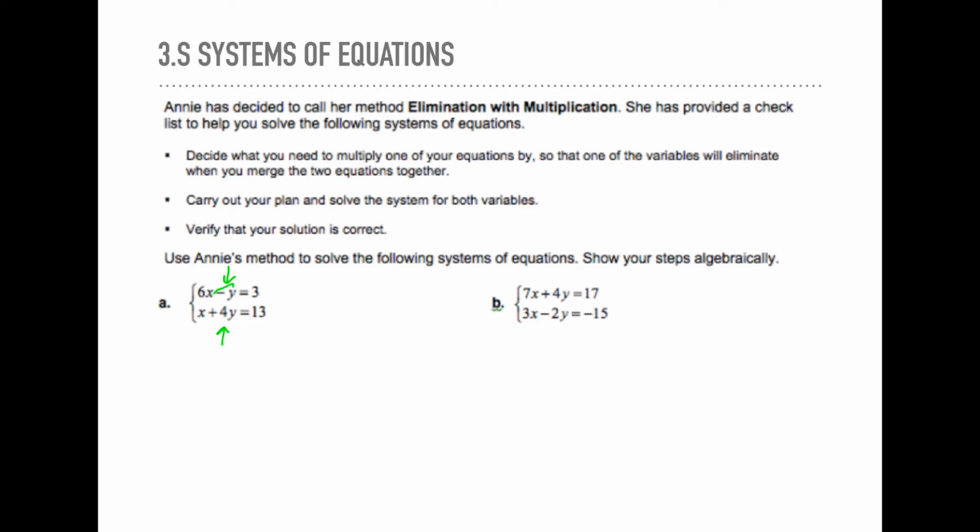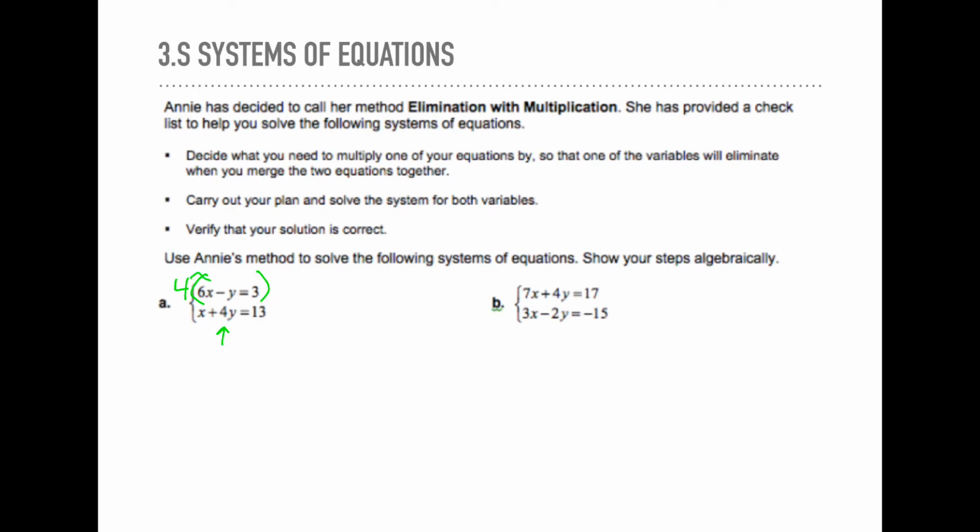Well, I need this part to say negative 4y. So in order to do that, I can't just put a magic 4 there. I need to make sure I multiply the entire equation. So I'm going to take this entire top equation and I'm going to multiply it by 4.